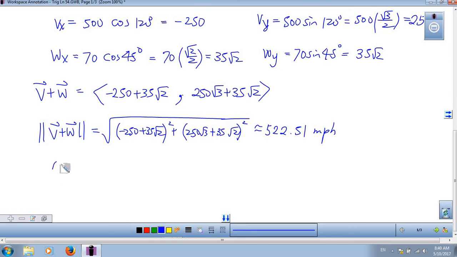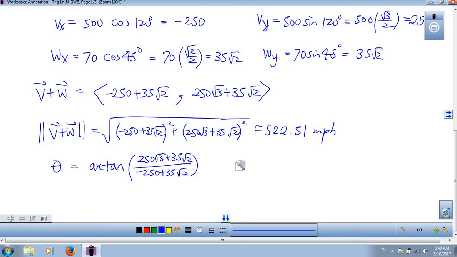Now, what about the direction of the final resultant vector? So let's do arctangent of y over x. Now, the resultant vector shouldn't be changing to quadrant 1.